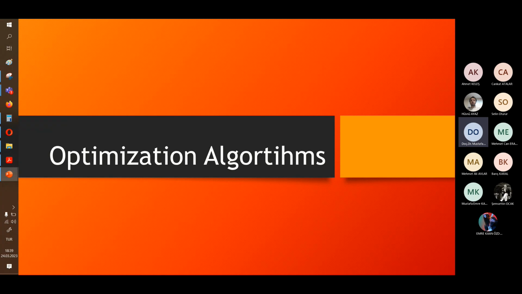Therefore, if an algorithm is deterministic, the results will be guaranteed to be same all the time. I mean, whenever you solve the problem deterministically, you will get the same result all the time.